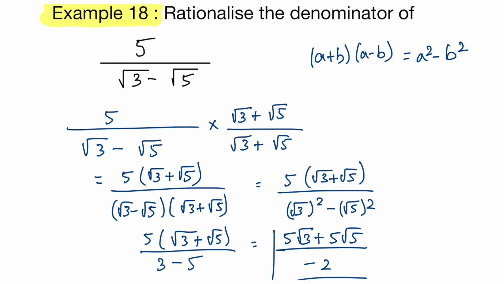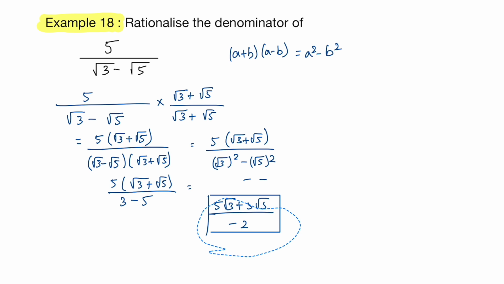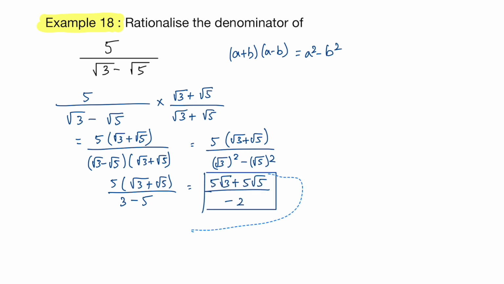Whichever way is fine with you, you can write it. It doesn't really matter if you write it with 5 or not. 5 can be outside the bracket or 5 can be inside it, as I have written here.